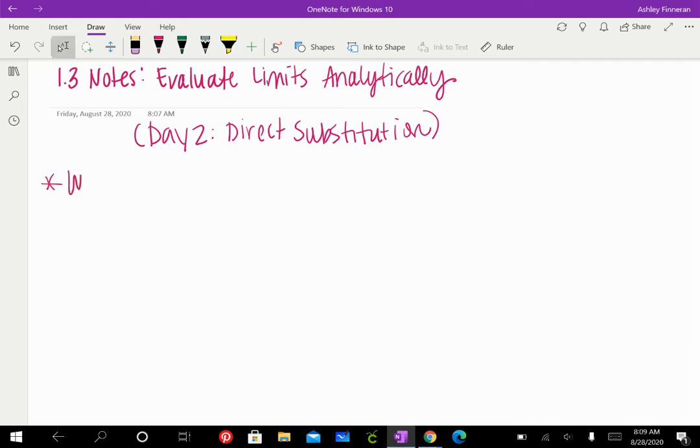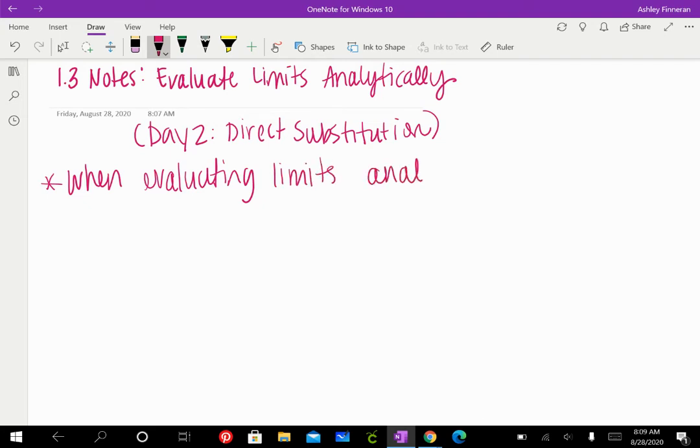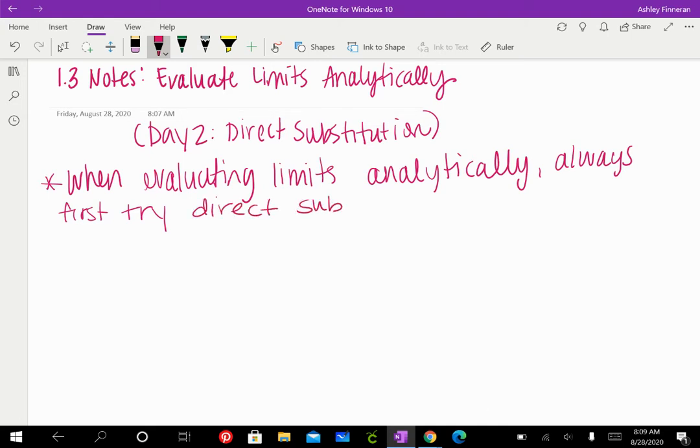So when evaluating limits analytically, and you should be writing in your notebooks right now, always first try direct substitution of the target value into the function.